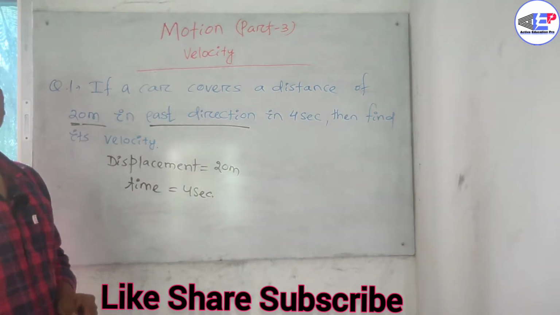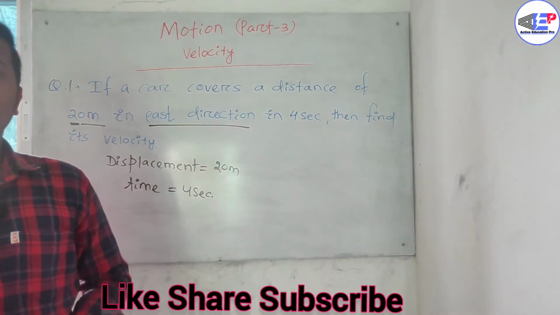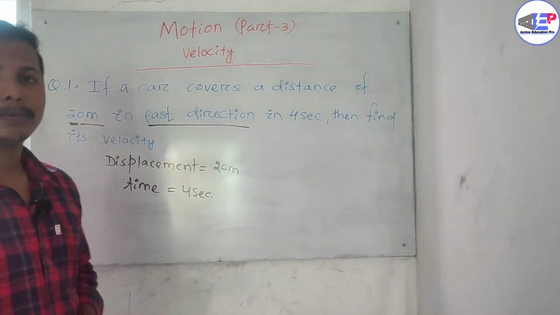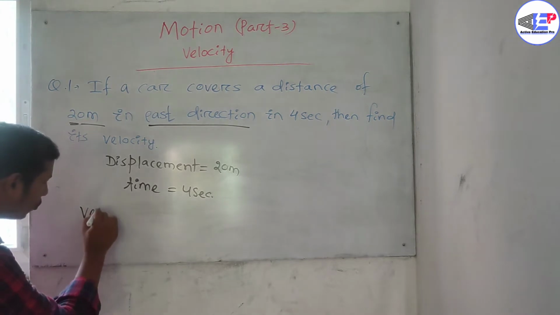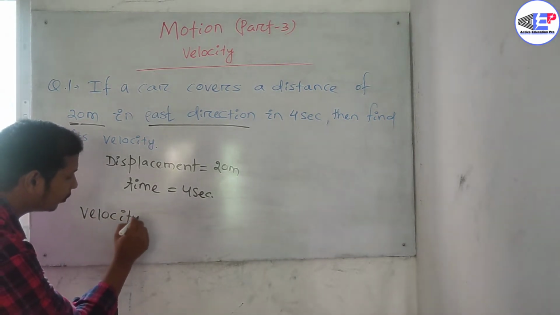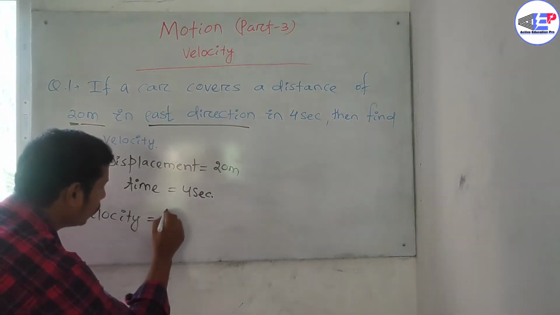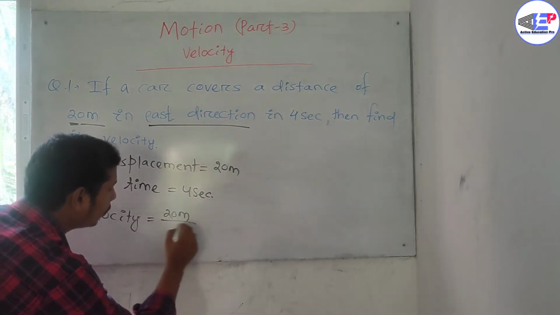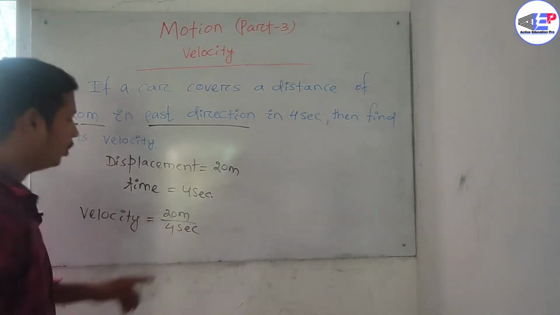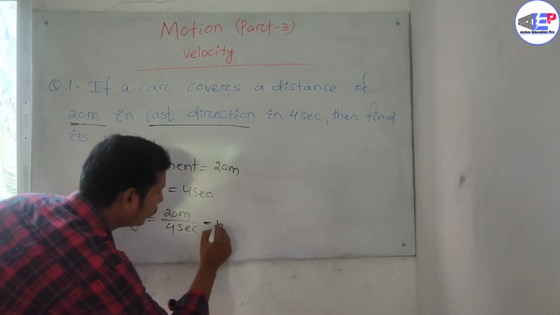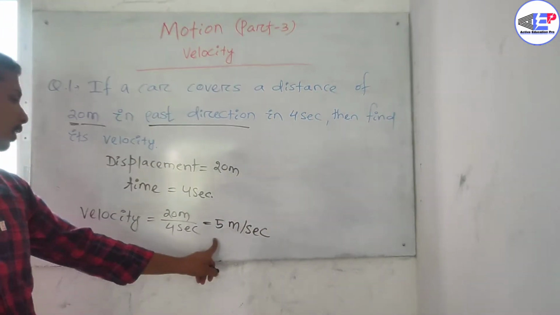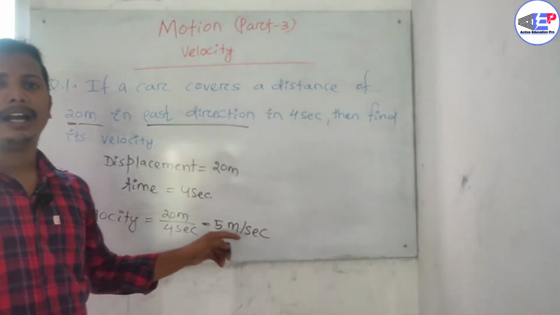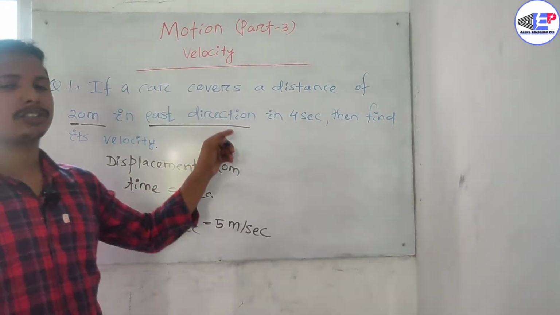So we have to find out the velocity. We know that velocity is displacement upon time. So velocity will be equal to 20 meter by 4 seconds. This will give 5 meter per second. This is its velocity magnitude and its direction is in east direction.